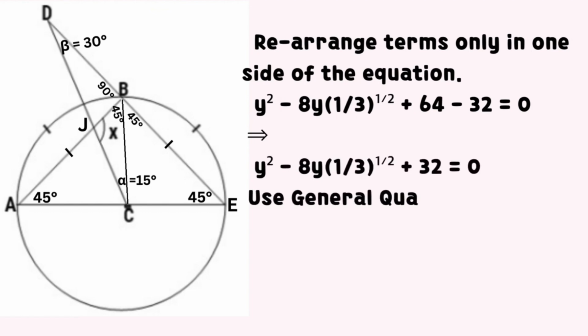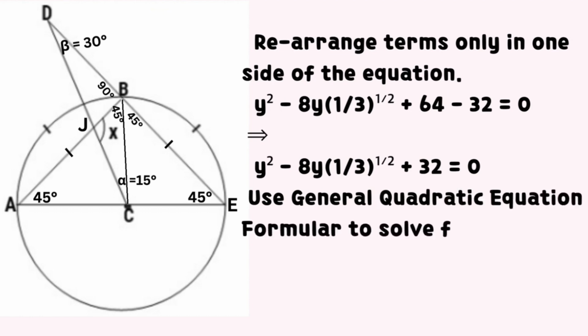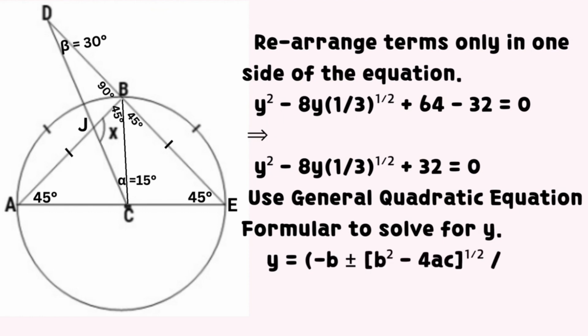Use the general quadratic equation formula to solve for y. That is, y equals negative b plus or minus the square root of b square minus the product of 4 and a times c, all divided by 2 times a.